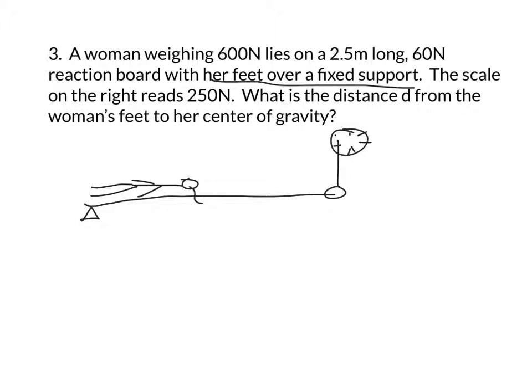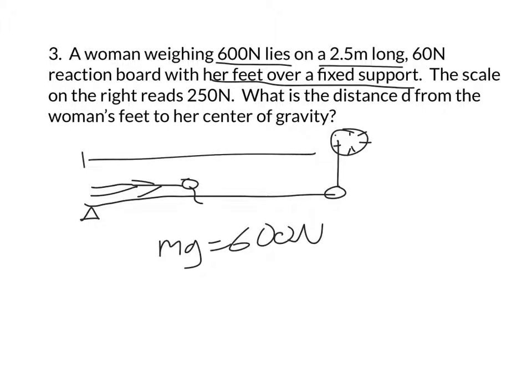Okay. And she has a weight of 600 newtons, so mg for the lady equals 600 newtons. The board is 2.5 meters long. And the board itself is 60 newtons.